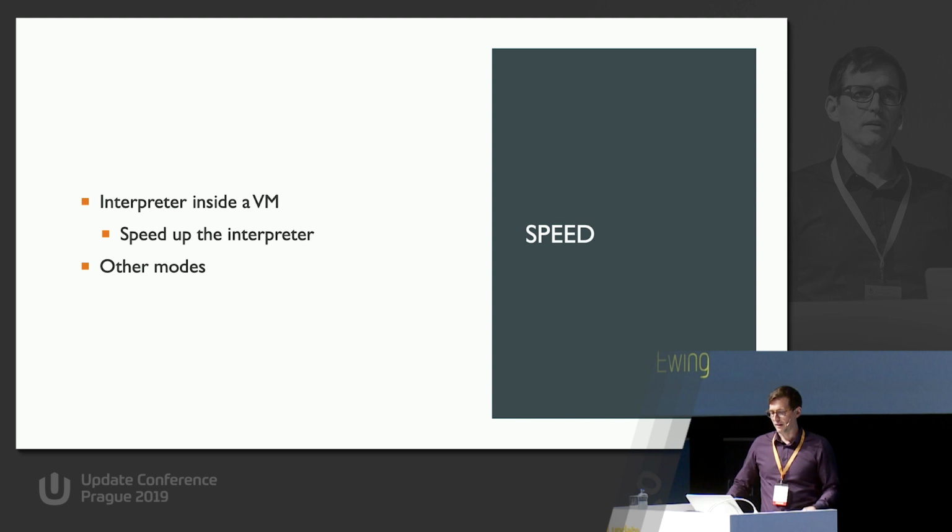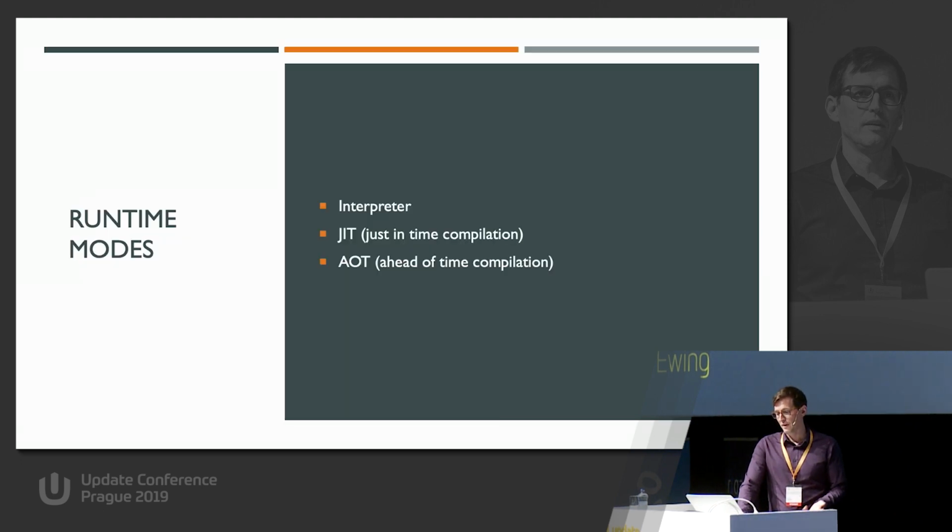And so each tier gets a little bit faster, but you pay for it with a longer JIT time. So the first step is we can look into speeding up the interpreter. Our initial interpreter, even when we revived it, was not highly optimized. And then the next step is looking into other modes of execution.